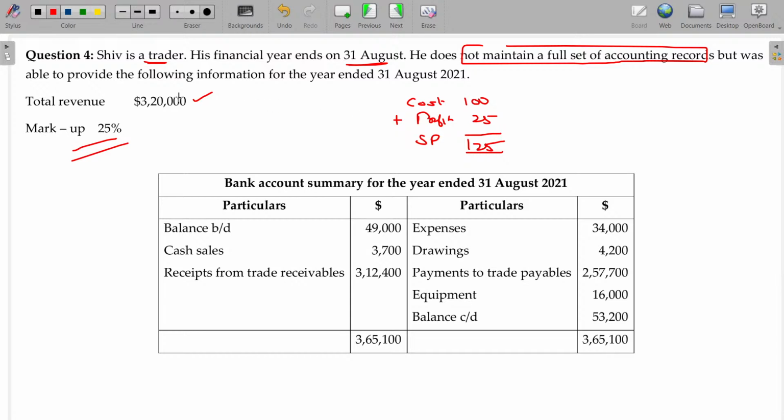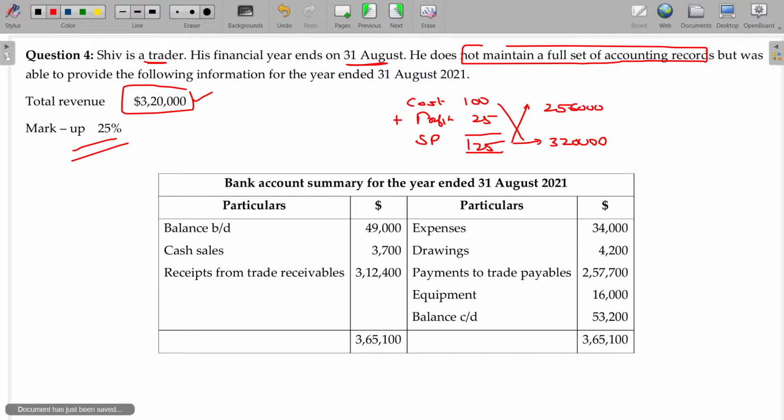The total revenue 3,20,000 here being 125 share, and what about the cost? So 3,20,000 into 100 by 125, this value being 2,56,000. This is the cost.